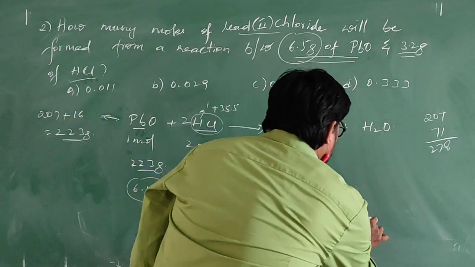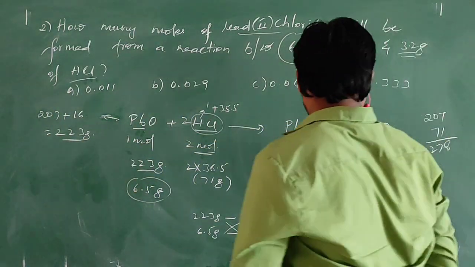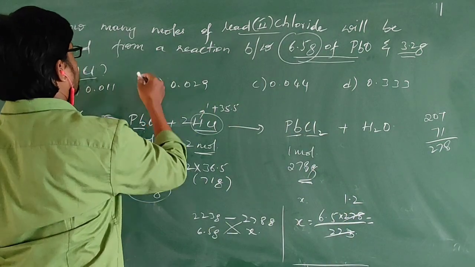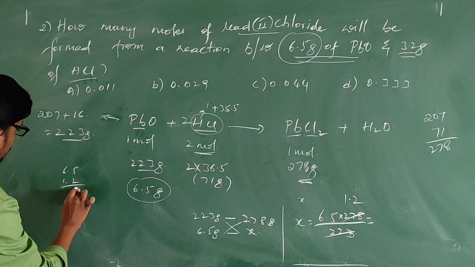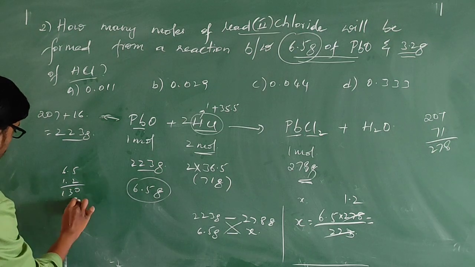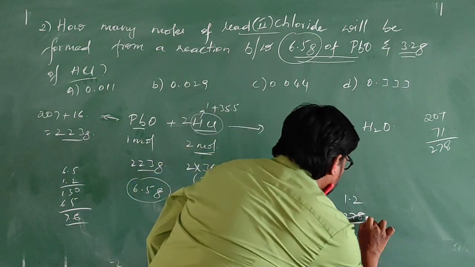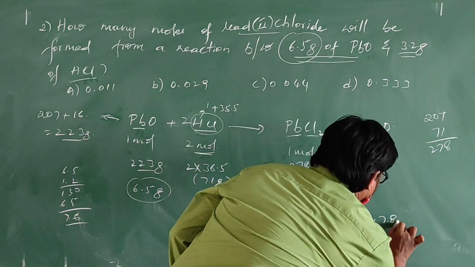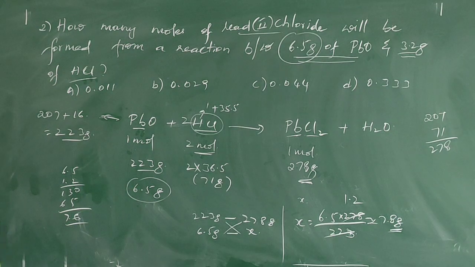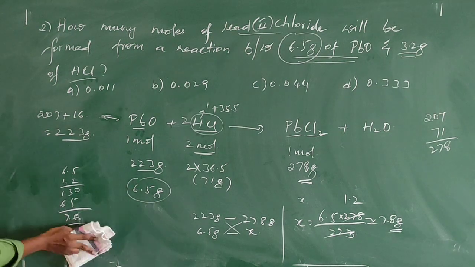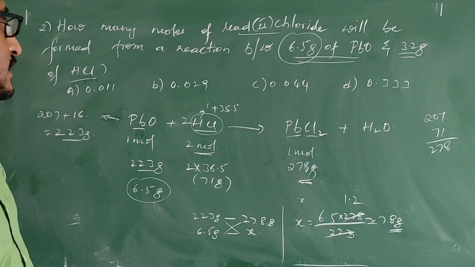So 6.5 into 1.2, approximately you will get around 7.8 grams. So from 6.5 gram of lead oxide, 7.8 gram of lead chloride will get produced.